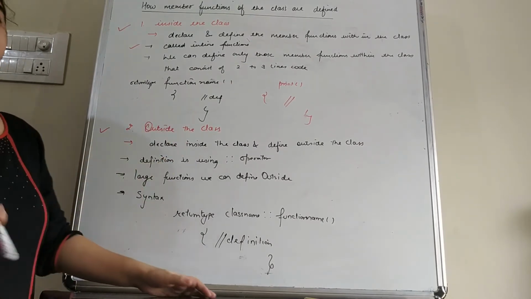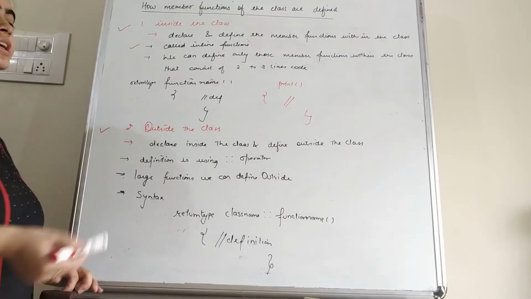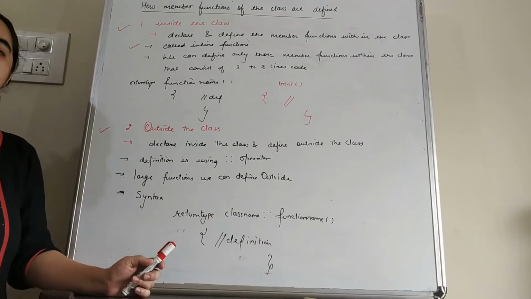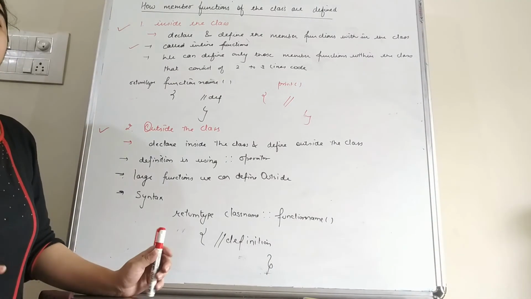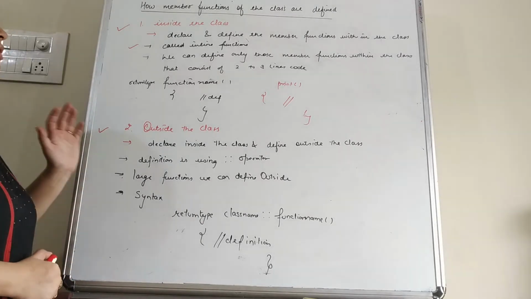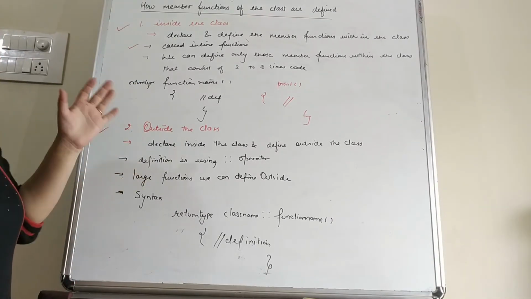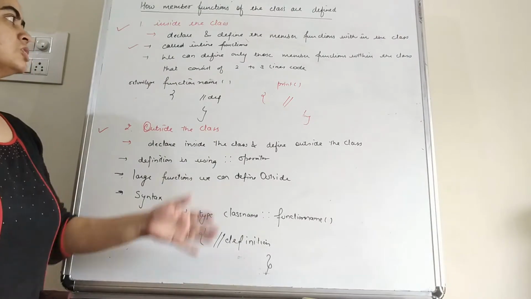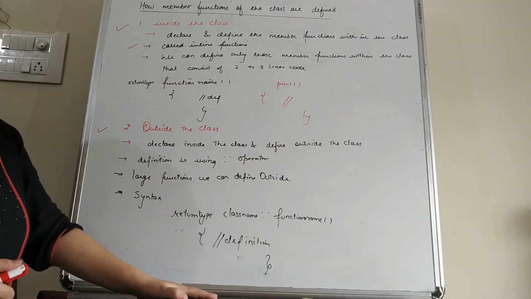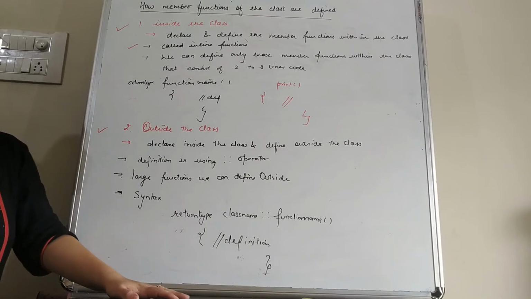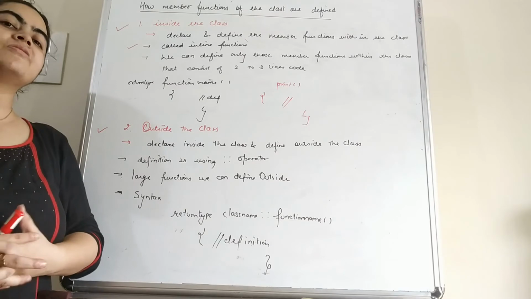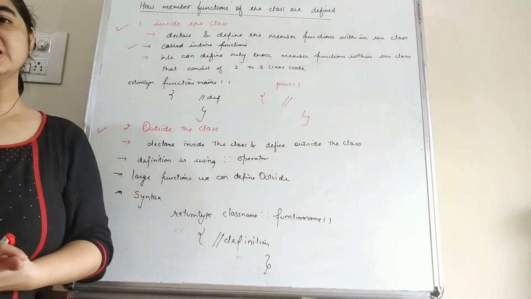See students, in the case of inline functions, there is a rule that if the function consists of only 2 to 3 lines of code, then only the compiler will consider that function as an inline function. So if we are defining the member function with only 3 lines of code, and there is no recursive function and no goto or break statement inside the function, then automatically the compiler will treat that function as an inline function.